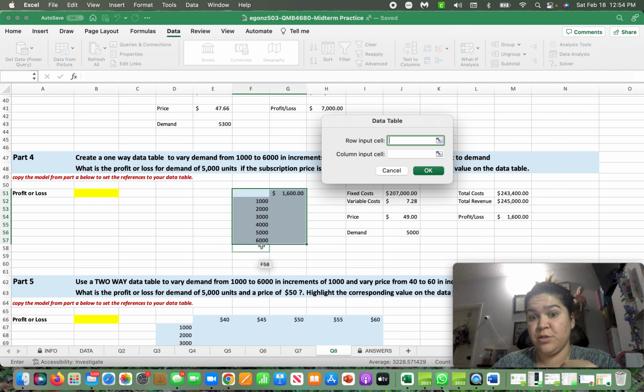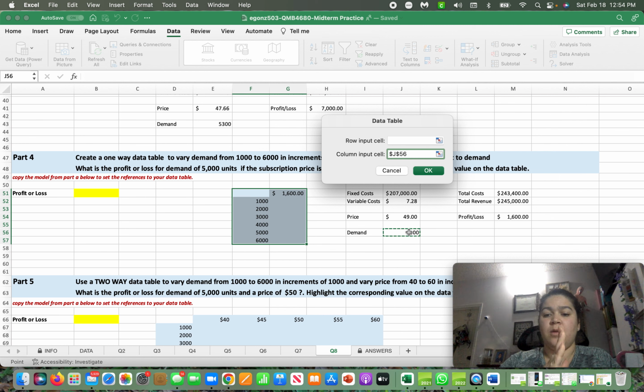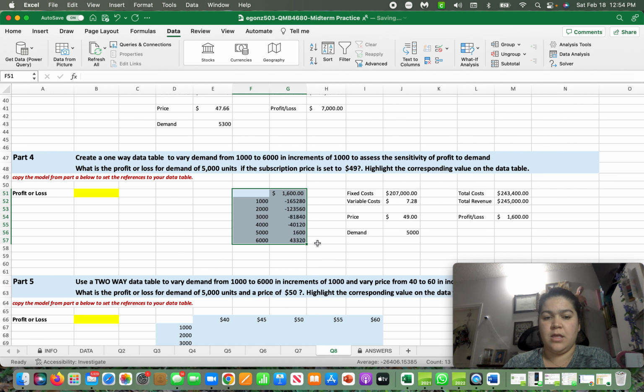So for the row input cell, what do we need to put in row? Nothing. We need to put it in column. Why? Because we're talking about the demand. In the column we have the demand, and I wanna know how much they can make. I'm gonna hit OK and OK.